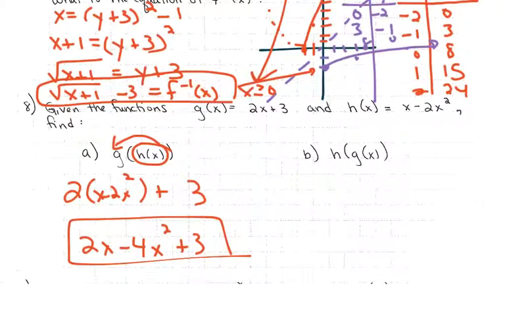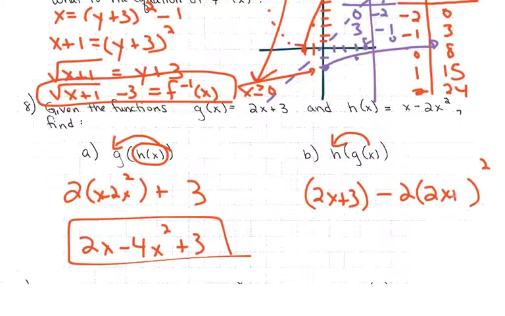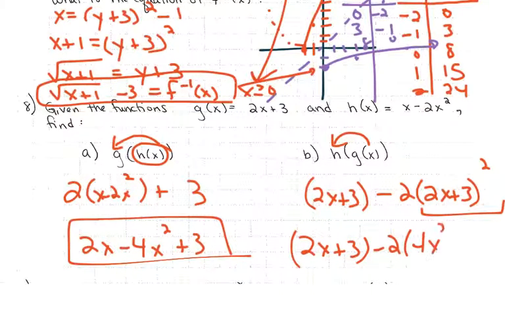To find h of g of x, we would plug g into h. So in place of each x, we would plug 2x plus 3. In order to simplify this one, I need to do a little bit more work. Like first, I need to square 2x plus 3. When I square 2x plus 3, I get 4x squared plus 12x plus 9.